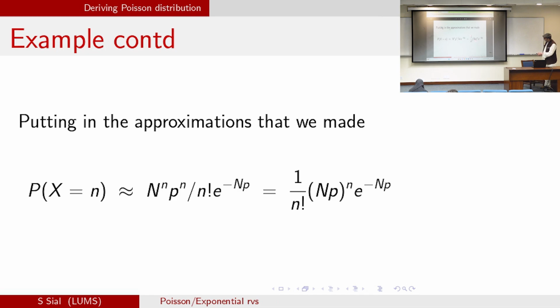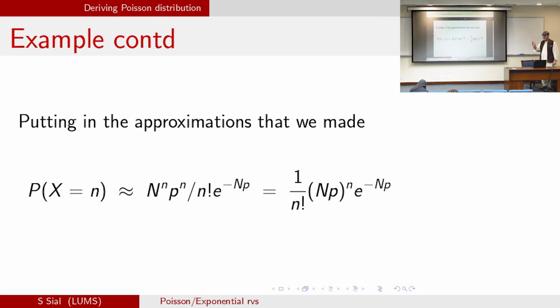So this is 1 over n factorial, times the expectation from the binomial. Remember, we said the real random variable is the binomial random variable. This is an approximation to that. So this is the expectation to the n, e to the minus the expectation, 1 over n factorial.